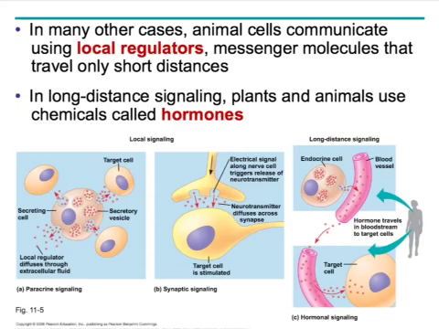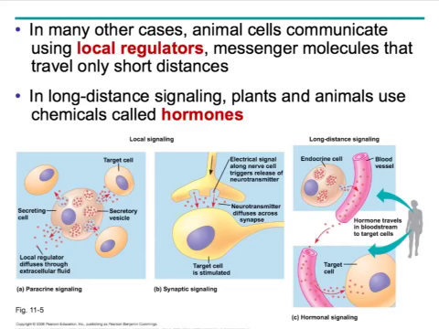Now, in other cases, animal cells especially might communicate using what we call local regulators. So these are messenger molecules that will travel, but they'll only travel a short distance. So going from Mesquite to Garland, for example, that would be a short distance versus going from Mesquite to Wichita Falls. That wouldn't be a short distance.